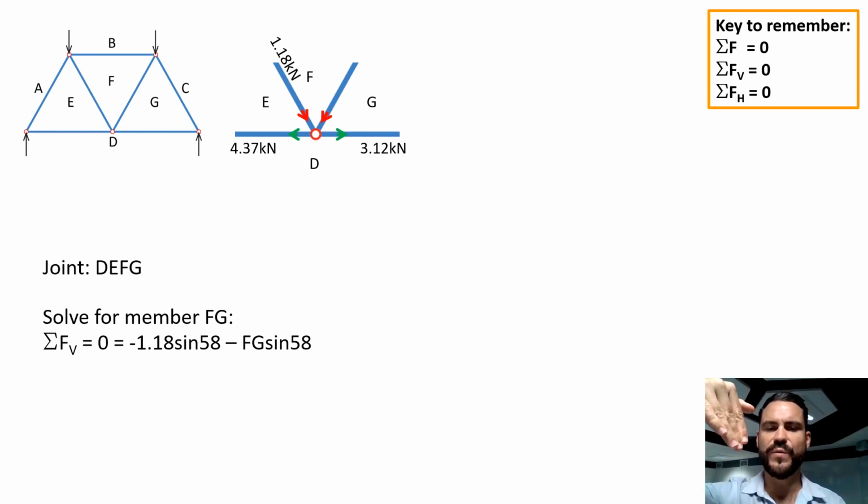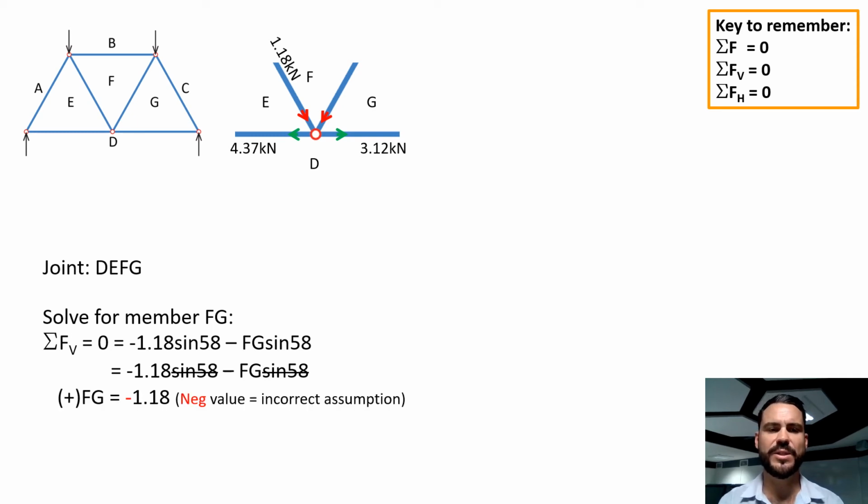I'm predicting that the force is coming down, which means that it's a negative value. As I work my way through, when I go to rearrange this, and I go to put the FG on the other side, the two sine 58s cancel each other out, which means that the FG, when we relocate it, becomes a positive value.